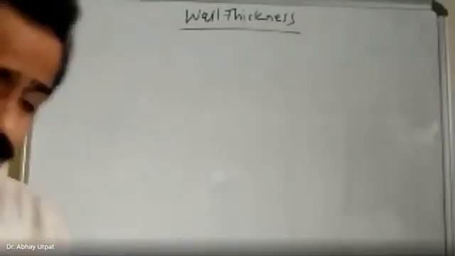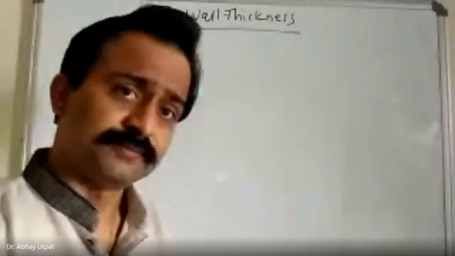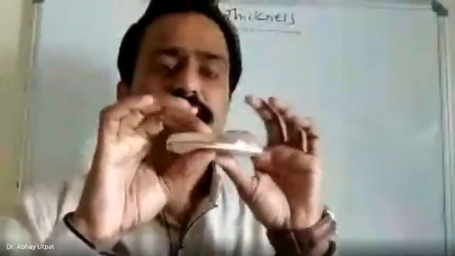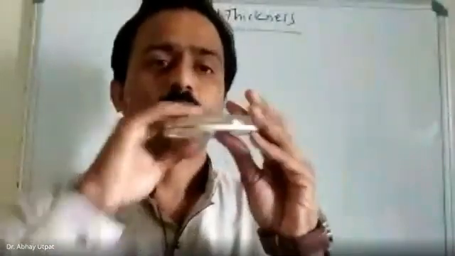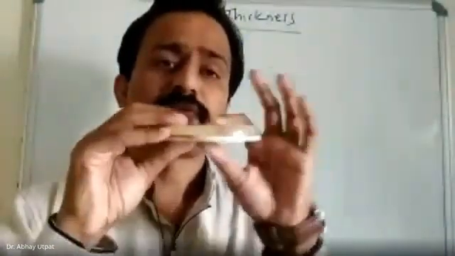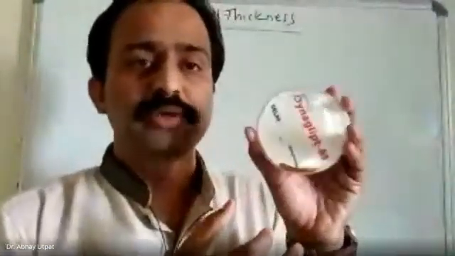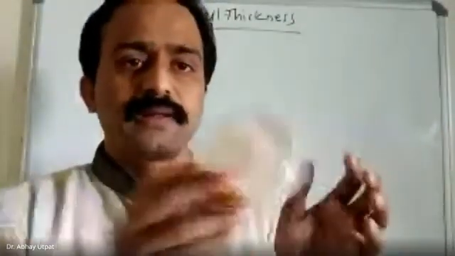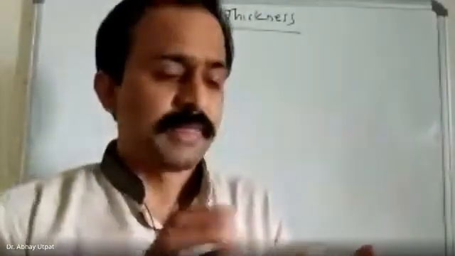Polymers, plastics, are bad conductors of heat. If this is a thick part made up of polymer, the outer side may become cool and solid, but inside it may remain liquid. Like this paperweight, inside it the liquid remains as it is.